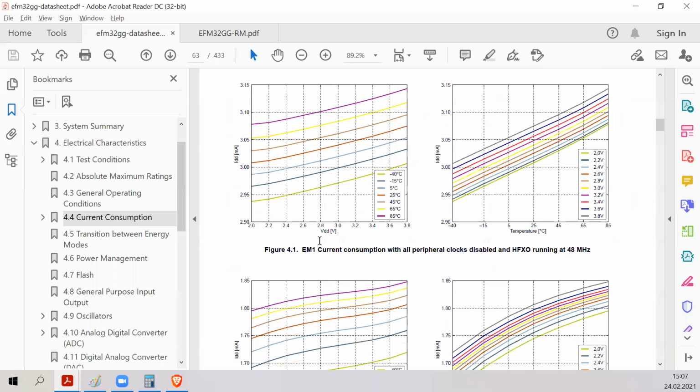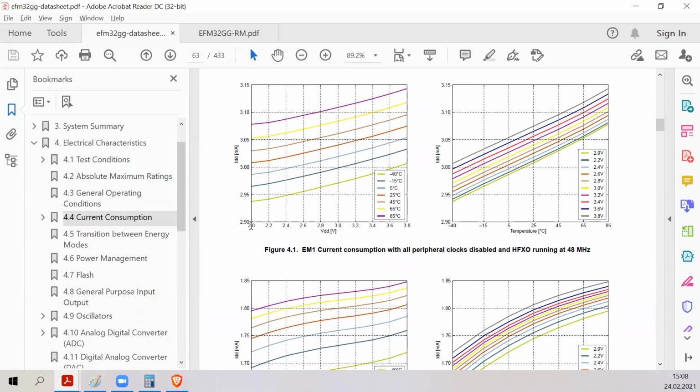Here we can also see the current consumption as a function of supply voltage, and also as a function of temperature. As you can see, at low temperature, lower power consumption, you heat it up, more leakage current, and at higher temperatures, higher current.